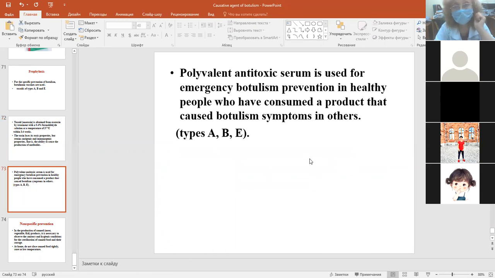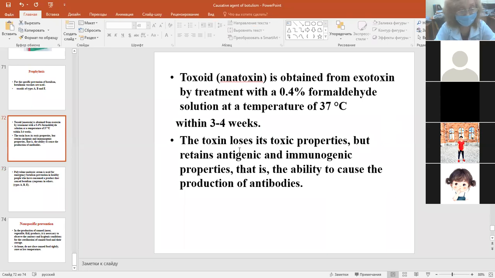Polyvalent. So absolutely healthy people should be vaccinated. And people who belong to a risk group are vaccinated in our country. Those people are soldiers in the army, because they eat canned food and they are able to get wounds. So they are vaccinated using toxoids of all Clostridia.